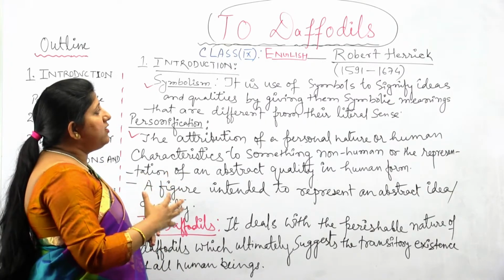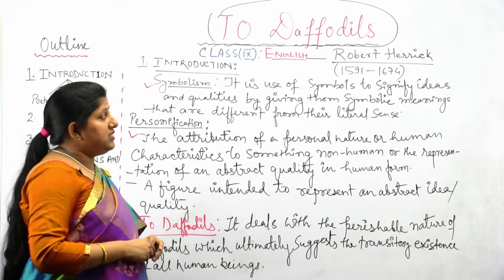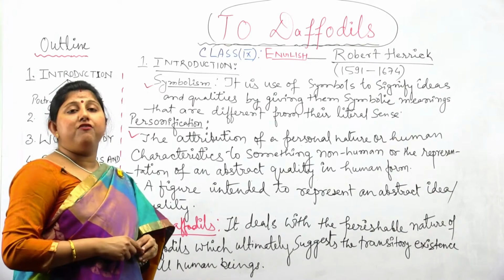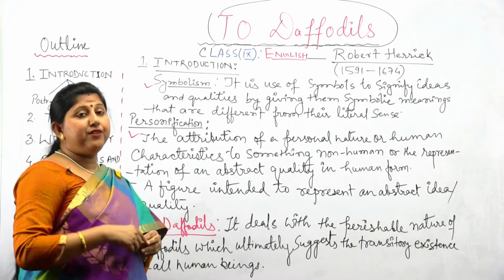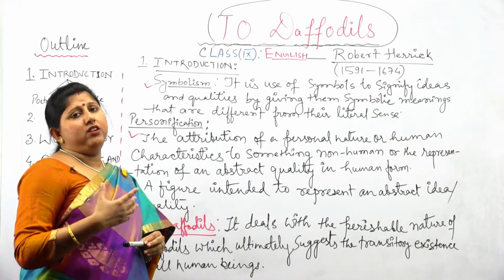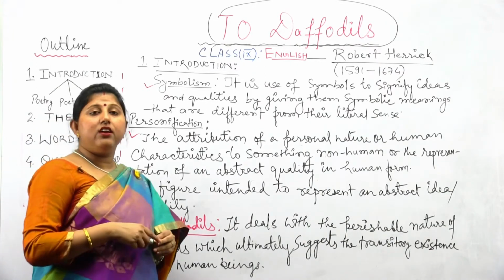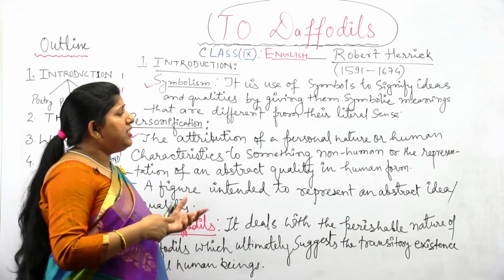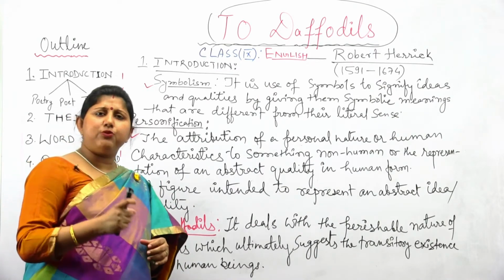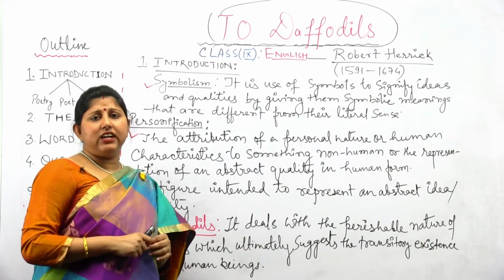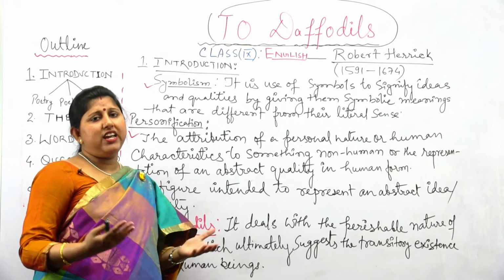So we can say that Robert Herrick, born in the year 1591 and died in the year 1674, was a well-known poet of the 17th century, and his poems have the sense of simplicity, lucidity and brevity. Why did I use these words? Because he used such simple words to express his feelings. He used the exact words to imply an idea. That's why I used three adjectives at a time: simplicity, lucidity and brevity.